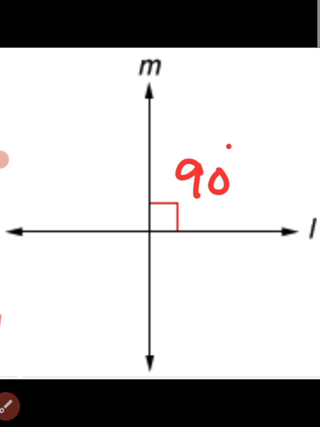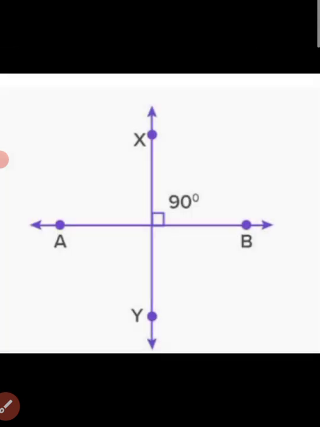So we can call them perpendicular lines. And see this example also. Line AB and line XY are intersected at one point, but they make 90 degrees between the two lines. So these are also an example for perpendicular lines.